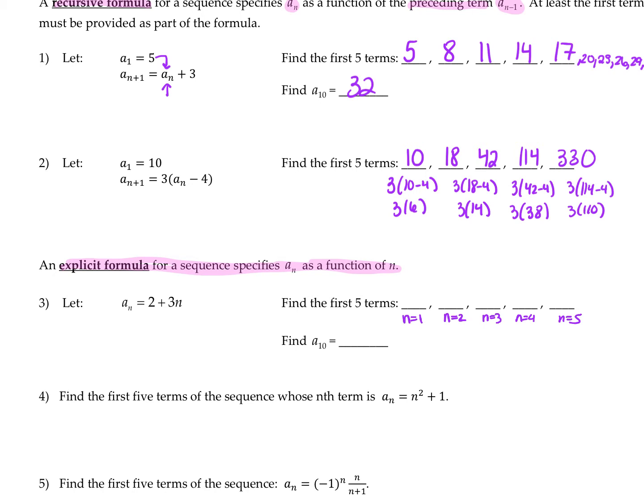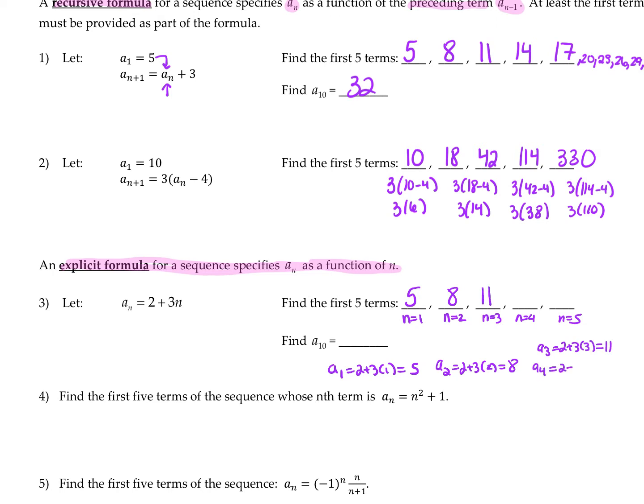So if I plug in 1 for n, I get 5. If I plug in 2 for n, I get 8. If I plug in 3 for n, I get 11.